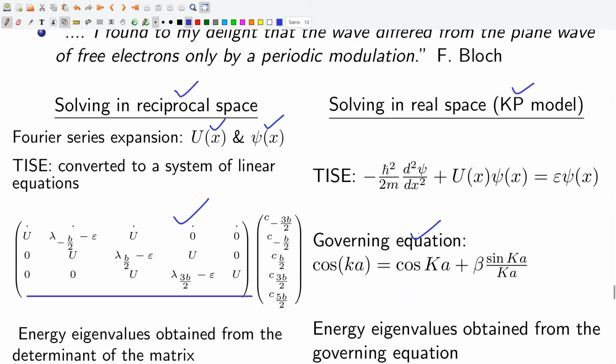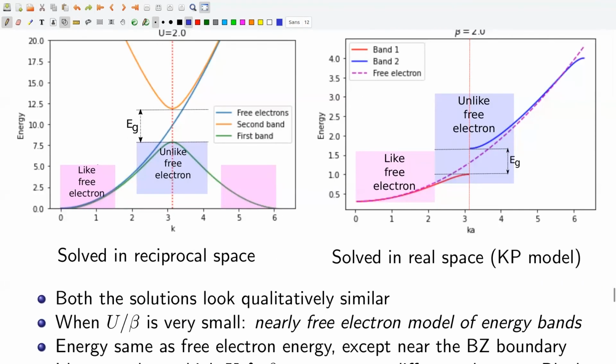Energy eigenvalues are obtained from the governing equation. Both the methods yield qualitatively similar results. For example, this is how the energy versus K diagram looks when solved in reciprocal space, and this is how it looks when solved in real space using the Kronig-Penney model.